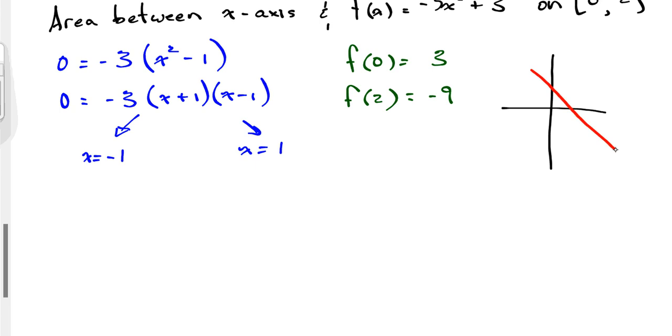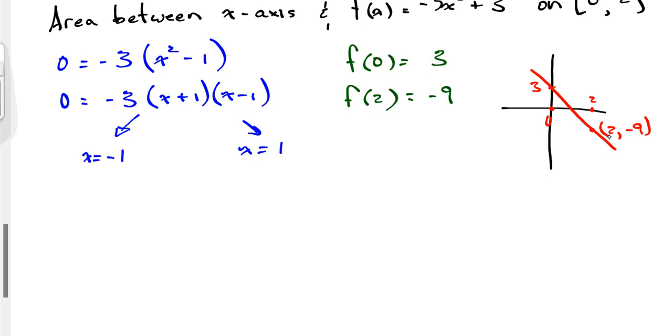Is it? No. But pretend it was some function. I have no clue what it looks like. I do know that over here, at this point when my x is 0, this value there was 3. And here, when x is 2, this value here, 2 comma negative 9. So it's somewhere down there.